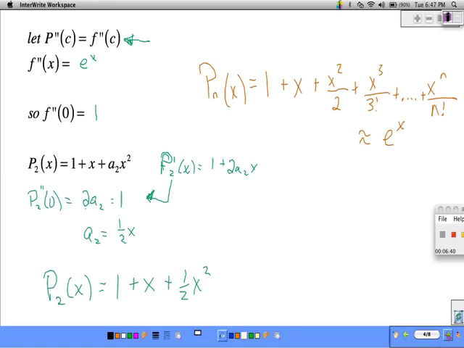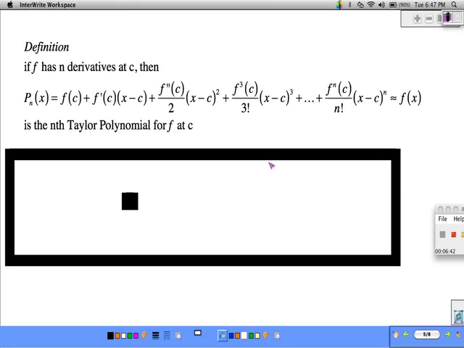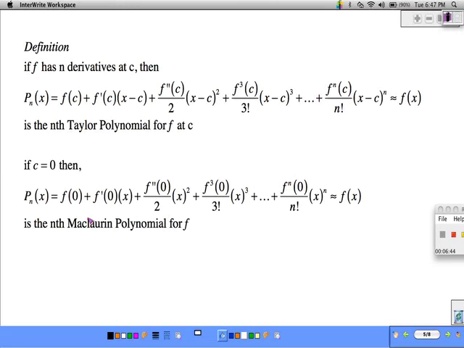And if I go back to this e to the x, this is actually centered at 0, not at c. And that's a Maclaurin polynomial. The function evaluated at 0, well, e to the 0 is just 1, plus the first derivative evaluated at 0, well, that's also 1 times x, plus the second derivative at 0 over 2 times x squared, plus the third derivative at 0.